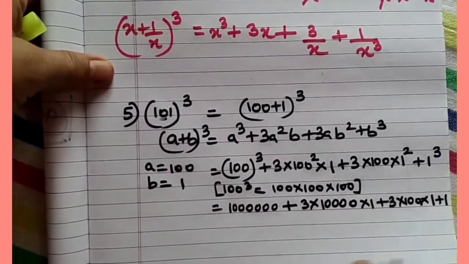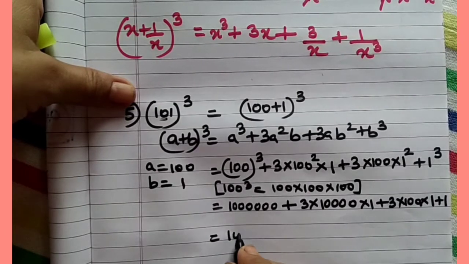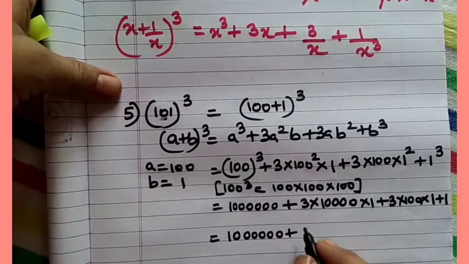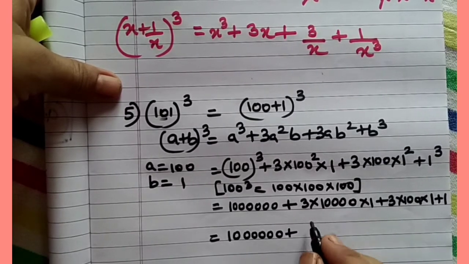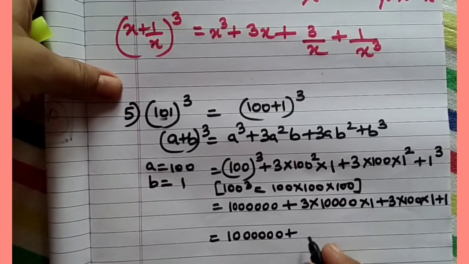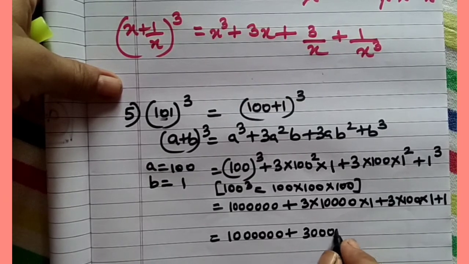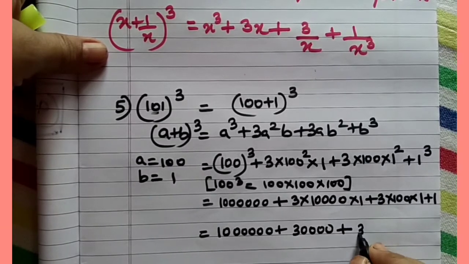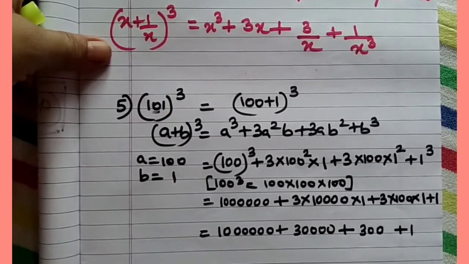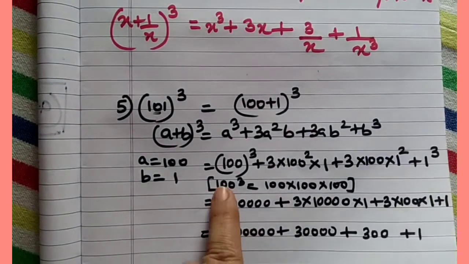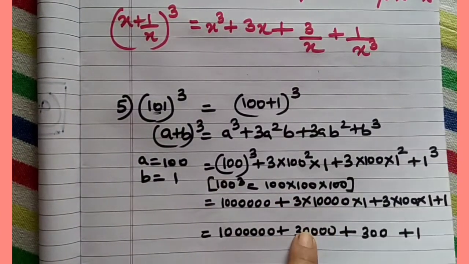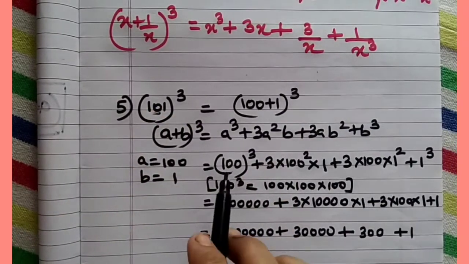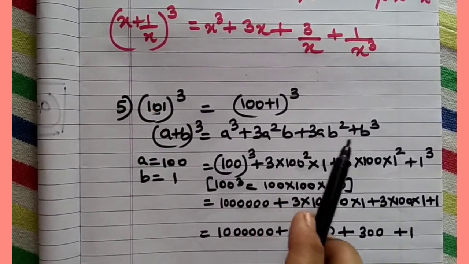Now let us completely add, write this properly. 1, 2, 3, 4, 5, 6. Count the zeros when you are writing. 3 into, how many? This will be 1, 2, 3, 4 zeros, into 1, it will be same. Plus 3 into 100, that is 300, and plus 1. So first term, second term, third term and fourth term. When we open this bracket, we are having 4 terms.